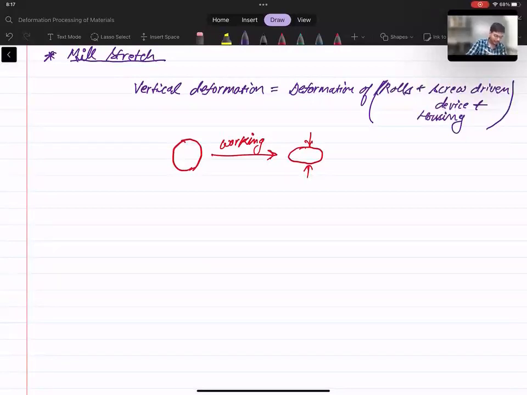Okay, so there is a plot between the rolling force, roll force, and the mill stretch.